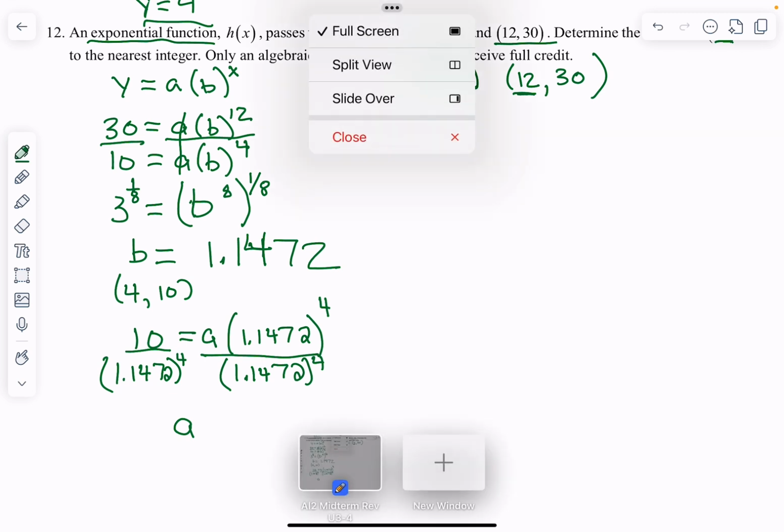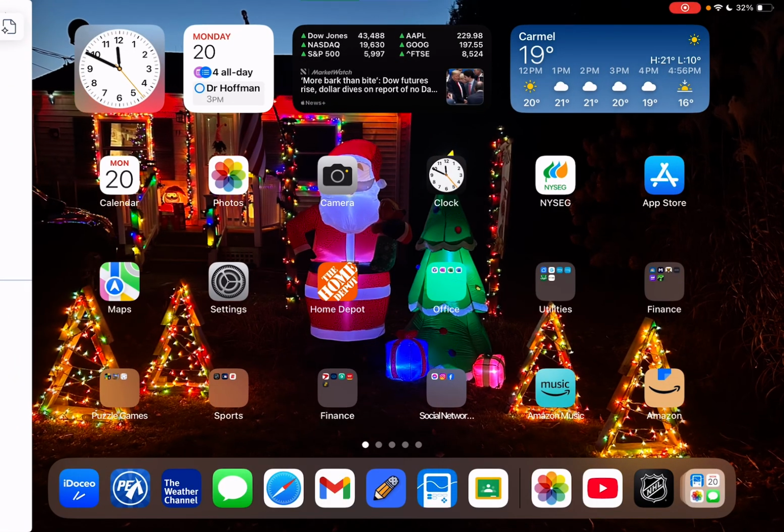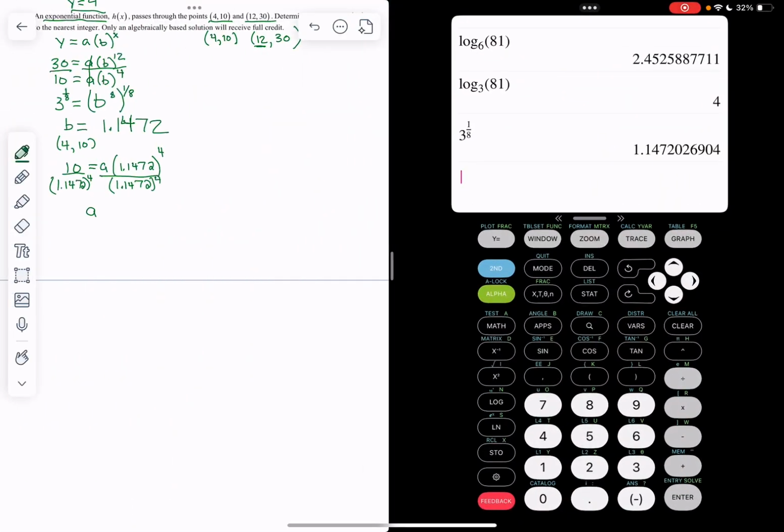So on my calculator, it looks like this. Again, we have a fraction, so we're going to do alpha 1, we're going to put in a 10 here. We're going to go down here, and then we're going to do 1.1472 raised to the 4th power.